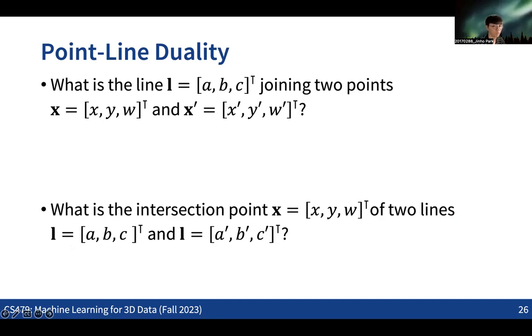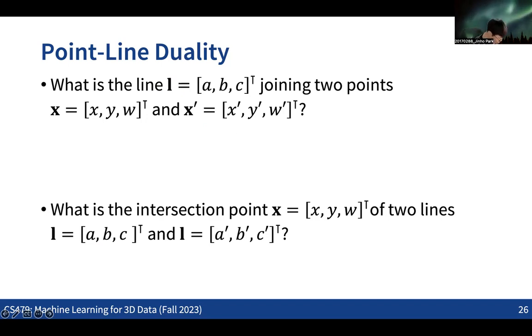So if we are finding a line, which vector in this three-dimensional space is orthogonal to the vectors of these 2 points? When you have 2 vectors in a space and want another vector orthogonal to both, we can easily take the cross product of these two. Then this will be the line that we're going to find.